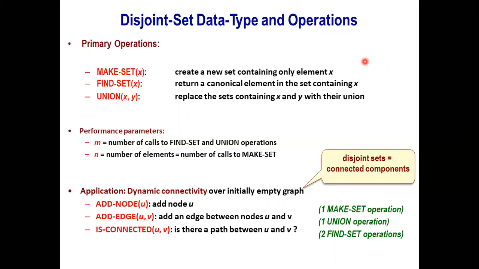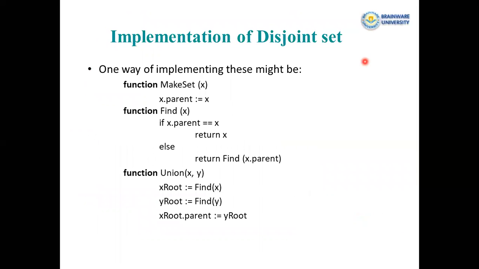So you can see the three different functions, the operations of the disjoint set, or you can say the implementation. We have already learned how make set, find set, and union work. The make set function is used for creating a single element. If there is only a single element, the parent is also the same element.